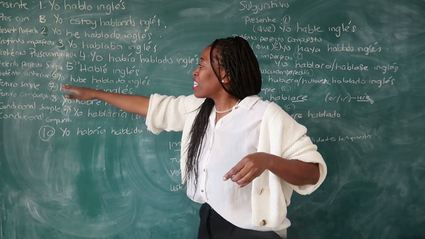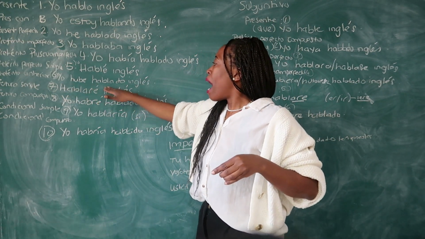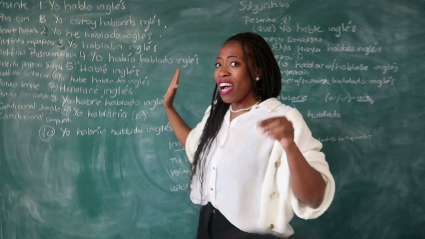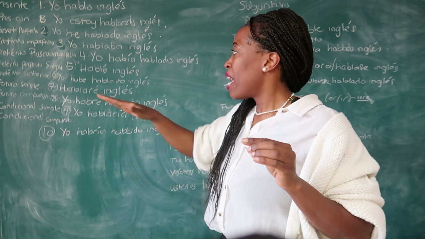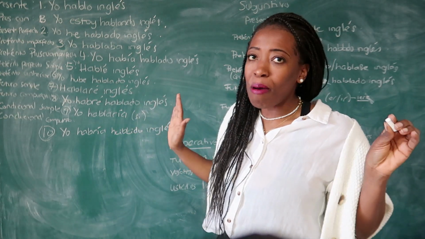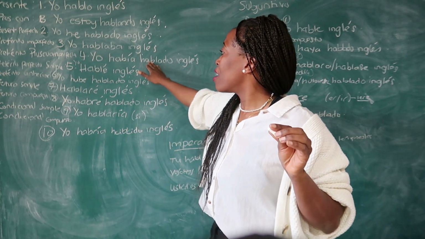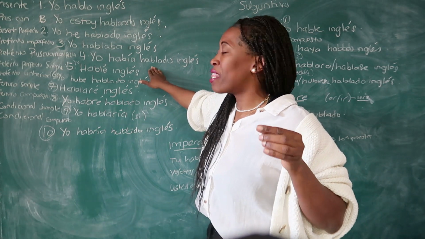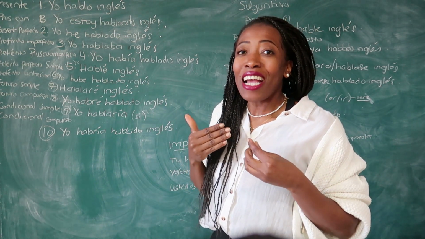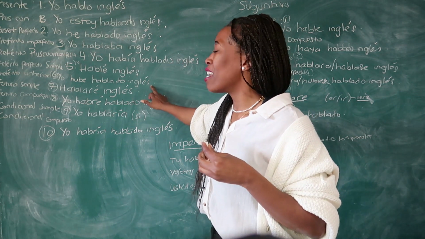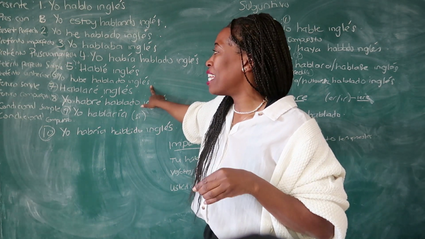Next, el pretérito anterior. Hube hablado inglés. And I have to be honest with you, I almost never use el pretérito anterior, because it translates to the same thing as the pluscuamperfecto in English. So I tend to use the pluscuamperfecto and hardly ever el anterior.